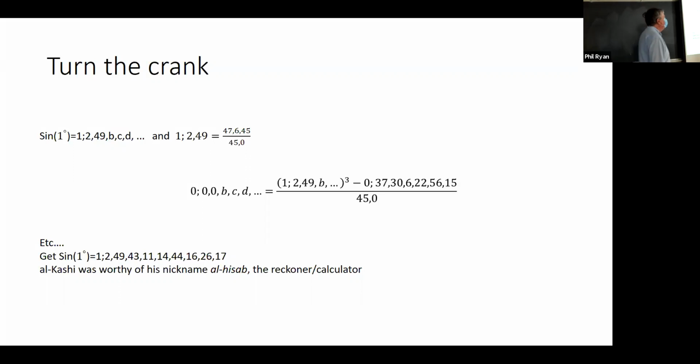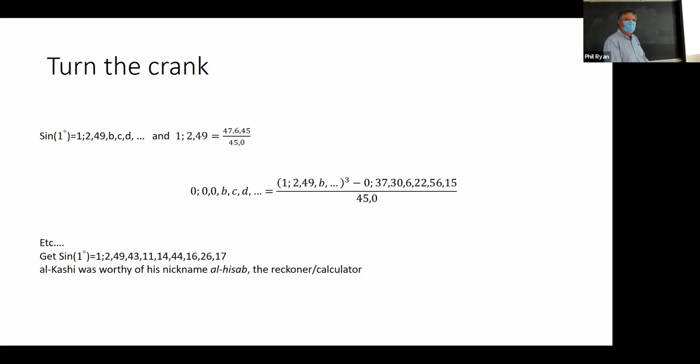And again, the value of B does not influence what number you get here. And so we can read out that it's 43. And he just goes on ahead, on and on again, cranking the machine to get sine of 1 degree.